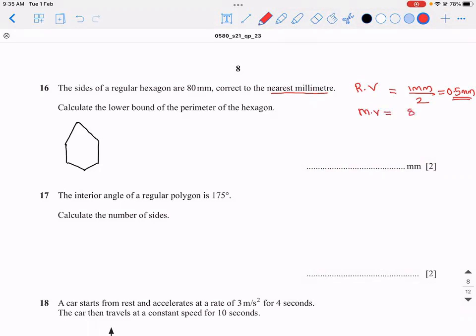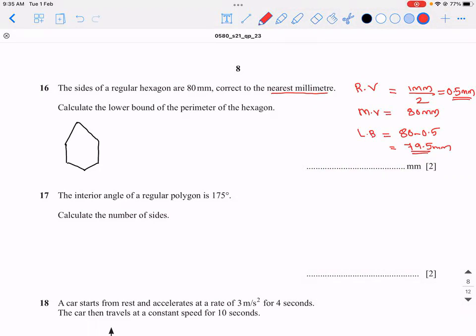Each side is 80 mm, correct? Therefore, what is the lower bound of the measured value? That should be 80 minus 0.5, that means measured value minus round off value. So that would be 79.5 mm, correct? 79.5 mm.